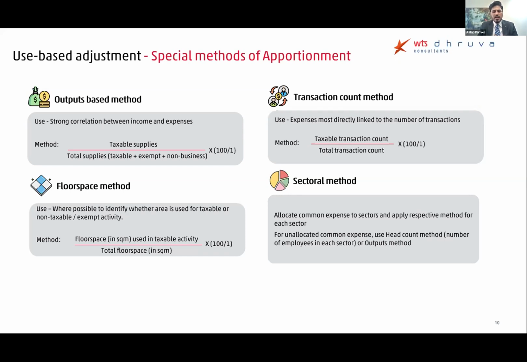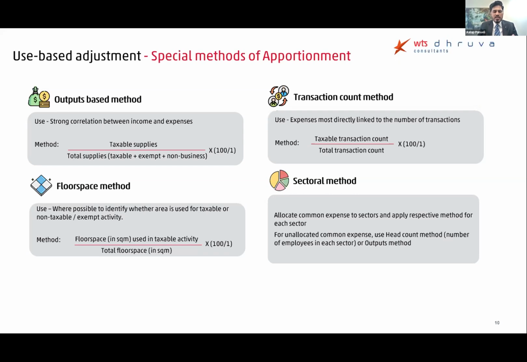So each sector has to apply the method that is applicable to them, which will give the most fair result, and then using the residual expenses of that particular sector. So just to give you a stepwise analysis, first you need to do a residual allocation for each sector, then apply the special method percentage for that sector.